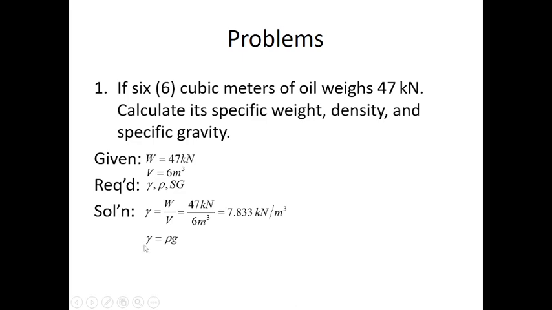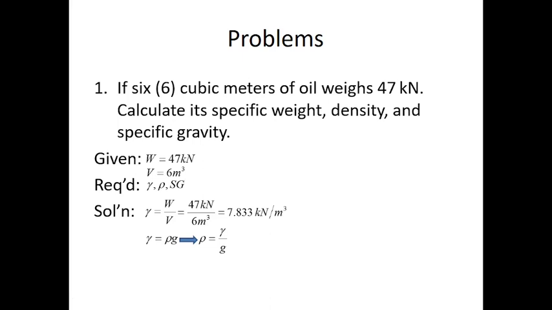In this case, we are going to solve for rho, so we can rewrite this equation as rho equals gamma over g. This is the formula for finding the density.